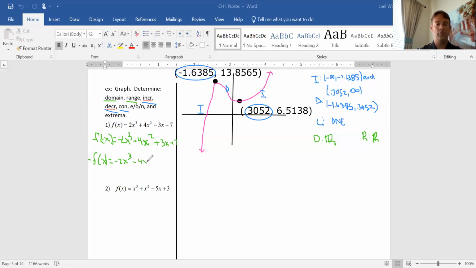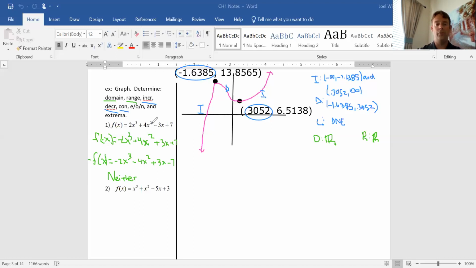But we have to show it algebraically. Since f of x doesn't equal f of negative x, and this doesn't equal these two, we are going to go ahead and just say that this is indeed neither. Now, we'd want to write our statement like we did before, but I'm running out of room.